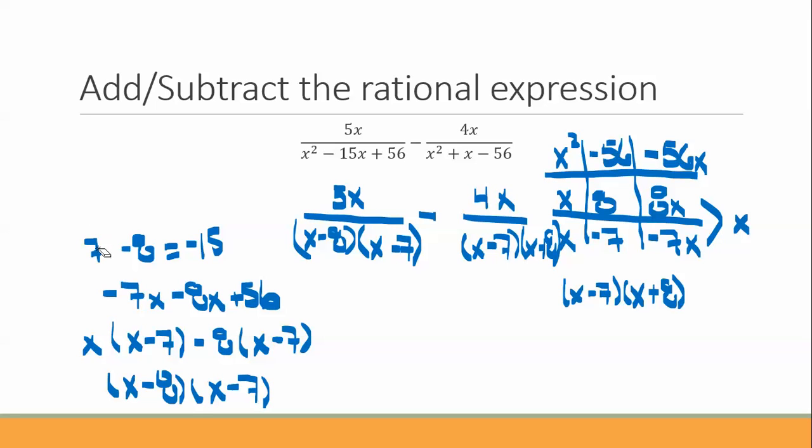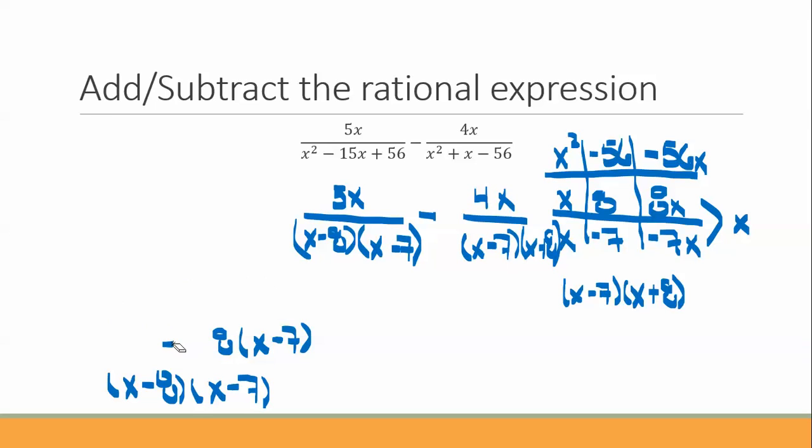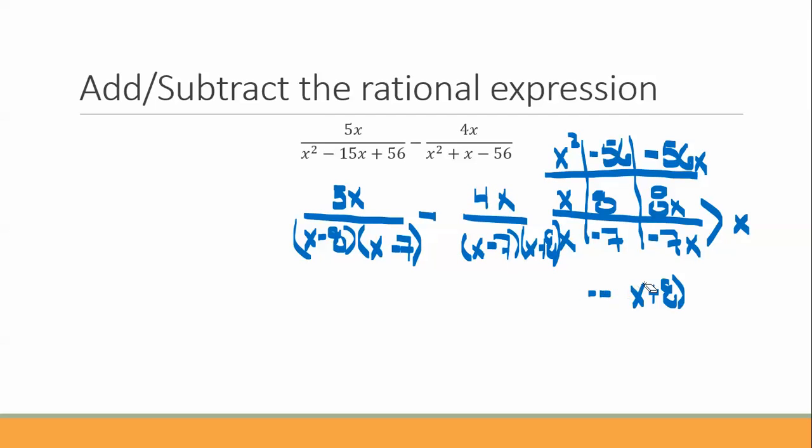Our next steps for solving rational equations. The first thing we do is factor the denominators, which we just did. The second thing we do is find a common denominator. So one of our denominators is x minus 8, x minus 7.